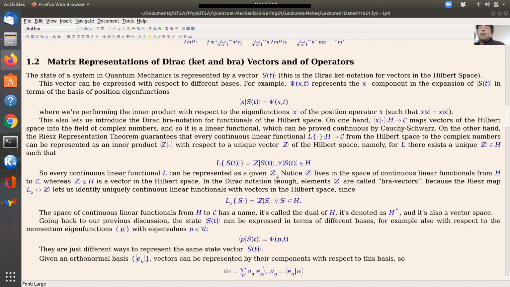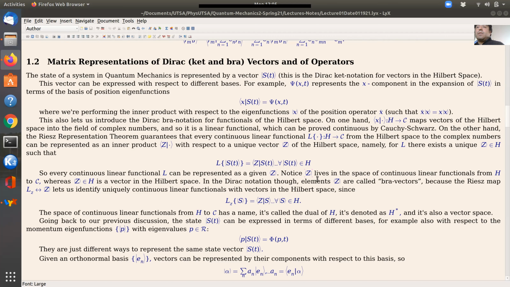So that's the difference, and it is an important one because in physics you use Dirac notation, and in the Dirac notation these elements are called bra vectors. The notation gives away why we're doing that. If you have a bracket of Z with the inner product with S, then S is the ket vector and Z is the bra vector in this case.